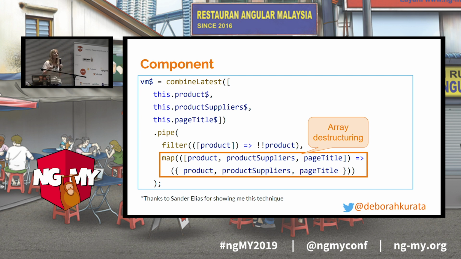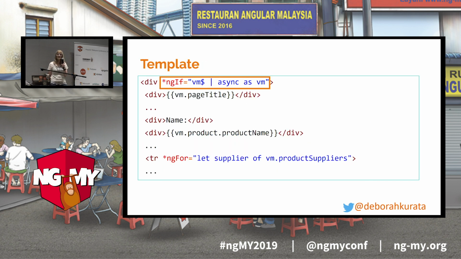Okay, and Xander Elias was the one who first showed me this technique, and I was just blown away how cool this was. We use the vm$, sort of a throwback to AngularJS, if you ever used that. Anyway, then in our template, we have an ngIf, and we only have one async pipe for this combined stream.